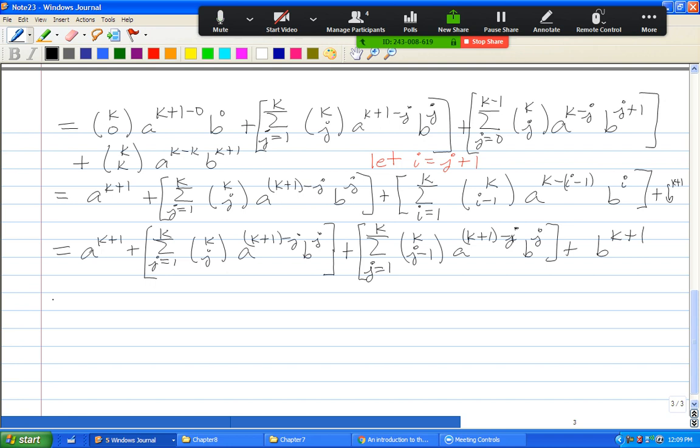Okay, so this is equal to a to the k plus 1 plus, well, notice that this is j equaling 1 to k for both of these. And I have a to the power k plus 1 minus j and b to the j.